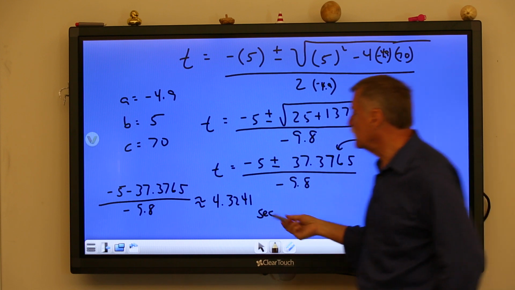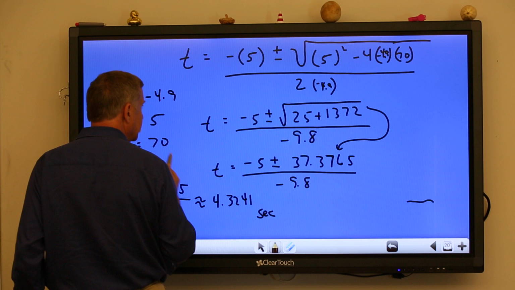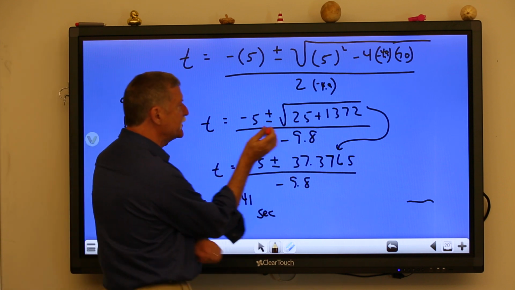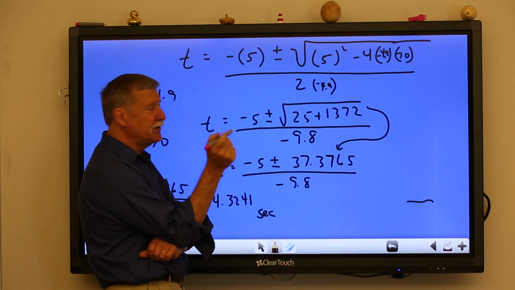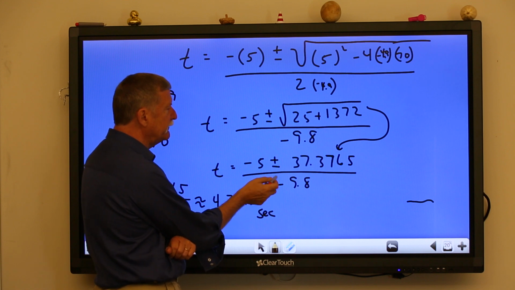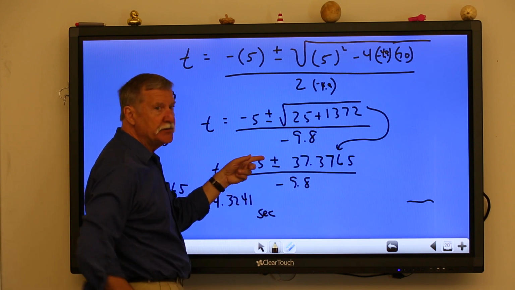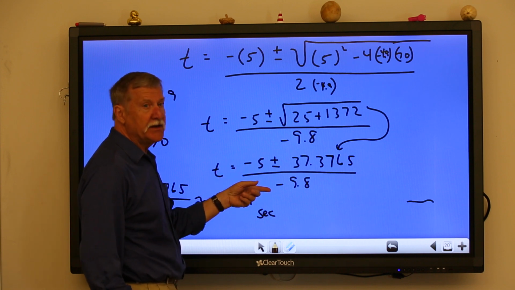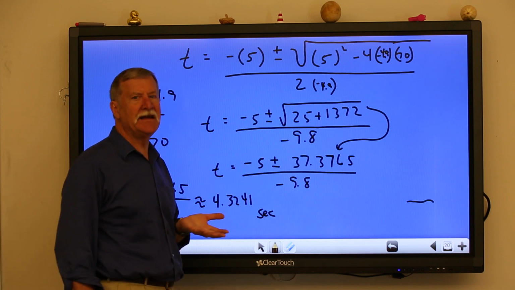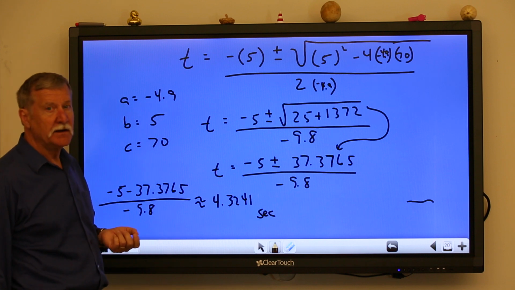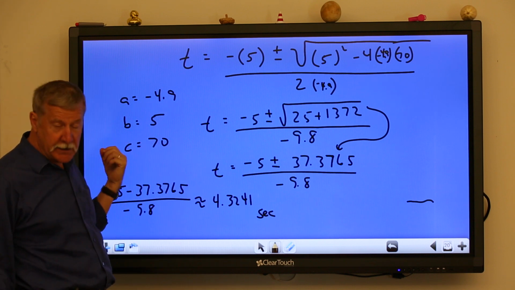And now we can solve this. We can do minus 5 minus 37, which is what we want to do because we're going to have to divide that by a negative. But if we do minus 5 plus 37, we're going to get a positive numerator and a negative denominator, and the answer is going to be negative, which doesn't make any sense. The ball didn't fall in negative time.